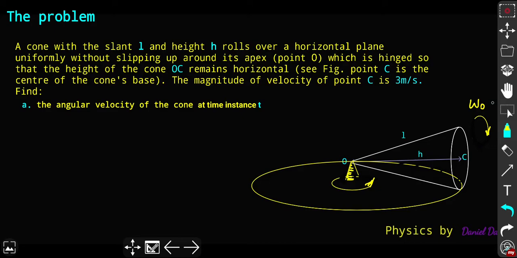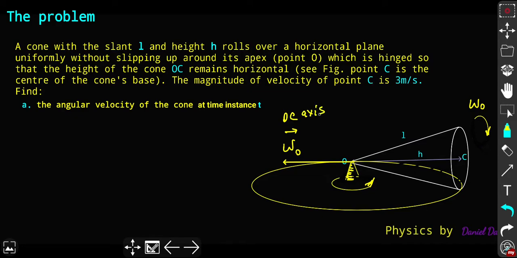So it's pure rotation of the cone around the OC axis. The vector omega 0 of angular velocity will be directed in this way according to the screw rule, and we can mark it as omega 0. This rotation is connected with the rotation of the cone around the OC axis.